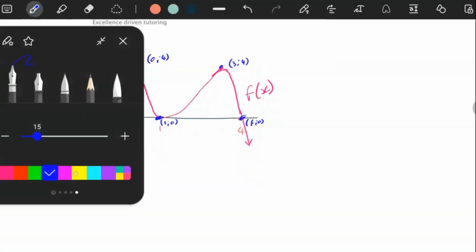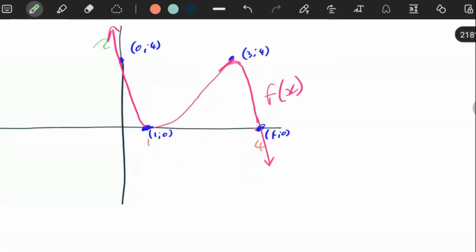So the original picture looks like this. And in this original picture, we can already see that the highest y value up here is a 4. The turning point here is at 4. The turning point here is at 0. So the distance here is like 4 units, you see, 4 units.